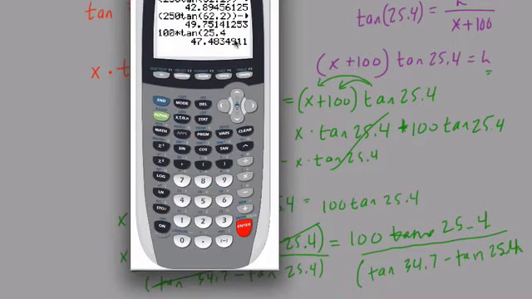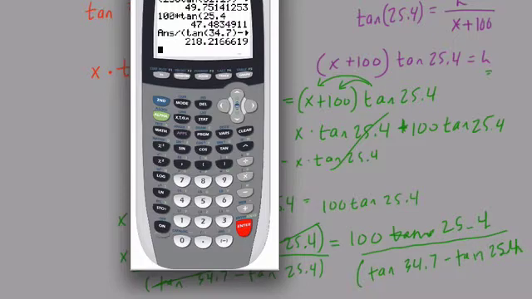Okay, that's my numerator, 47.4834911. And then I just press divide, it carries that answer with me. And in parentheses, tangent of 34.7, close parentheses, minus the tangent of 25.4, close parentheses, enter.